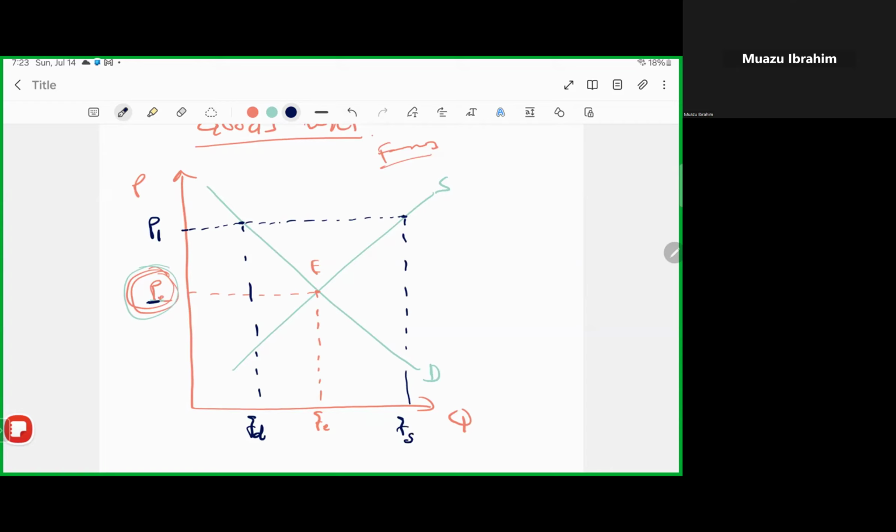So remember, it becomes illegal for you to trade this particular good, let's say tomatoes, at any price less than P1. But you realize that at that higher price, less is being demanded.